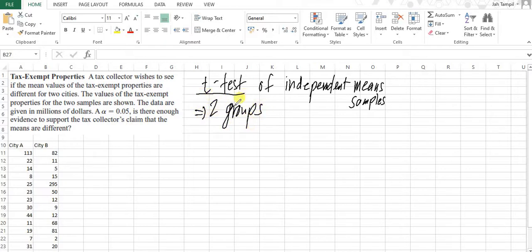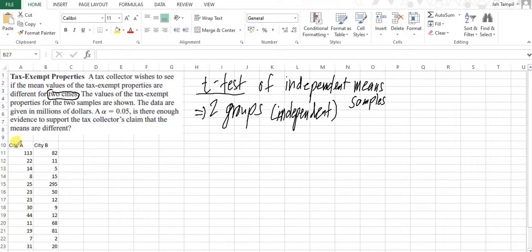We're going to adopt t-test even though the samples are greater than 30 or not. So we're going to adopt t-test as long as we have two groups, and these groups should be, of course, independent of each other.